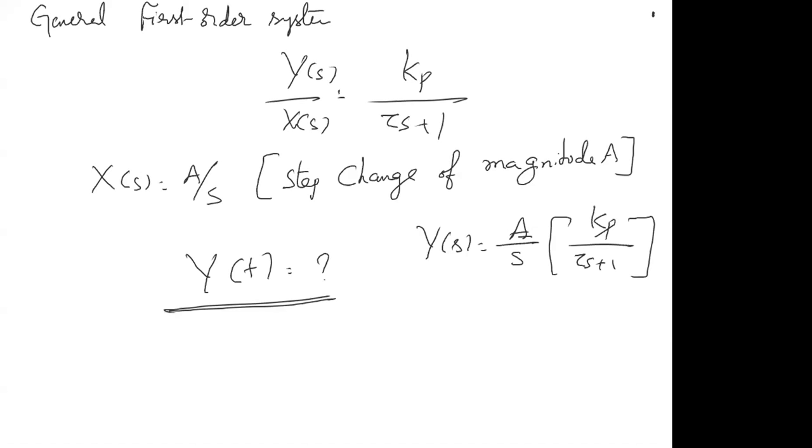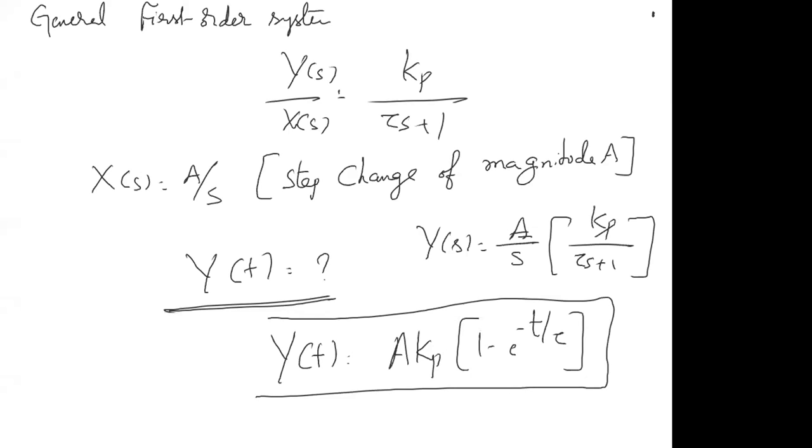Anybody got the answer for y of t? What do you get for y of t? It's Kp into... This is the general step response of a first order system.